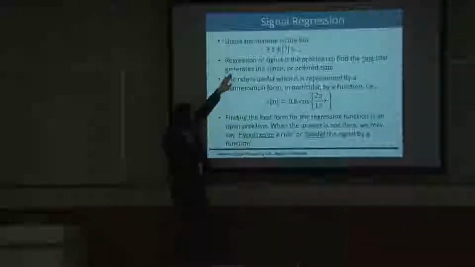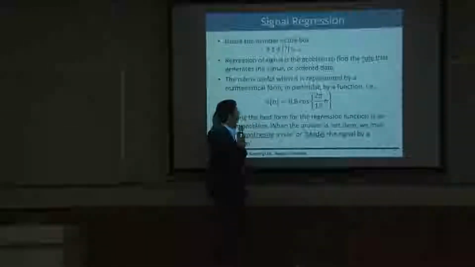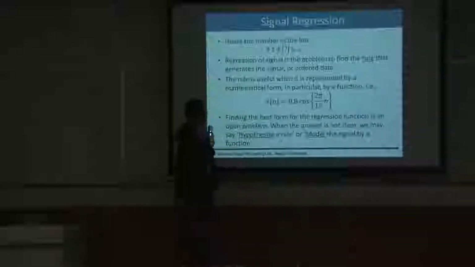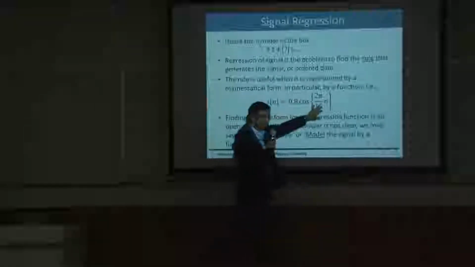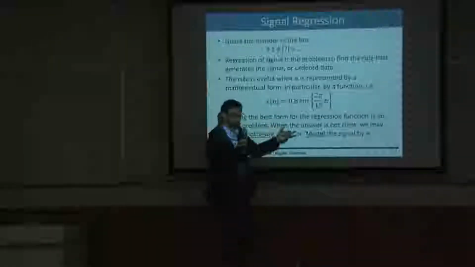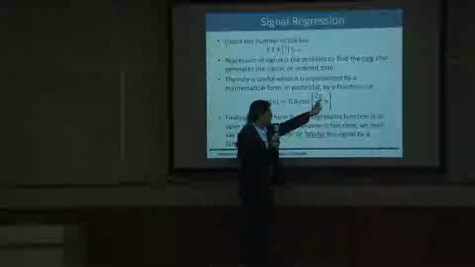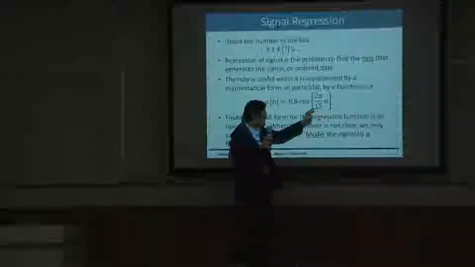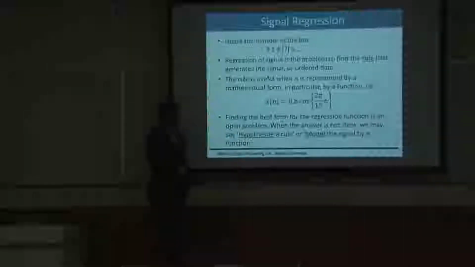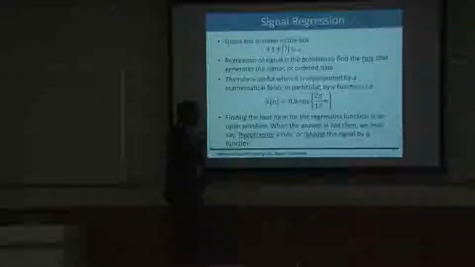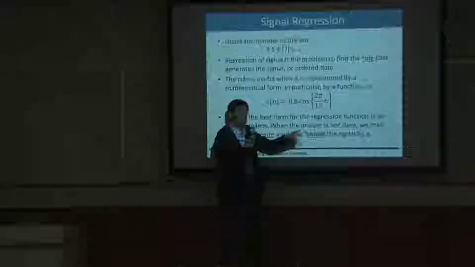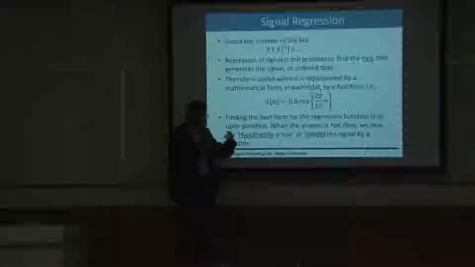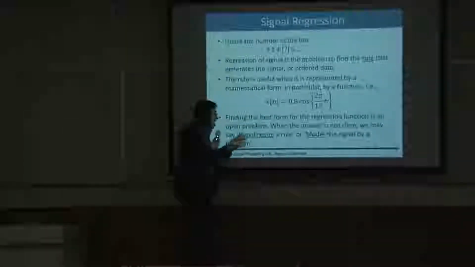So regression of a signal is the problem of finding the rule that generates the signal or ordered data. And the rule is useful when it is represented by a mathematical or functional form that you can calculate easily when you give the particular number as n: 1, 2, 3, 4, 5. And once you get this, then you got almost everything. You can differentiate this function with respect to n so that you can calculate the increasing or decreasing tendency of the data.